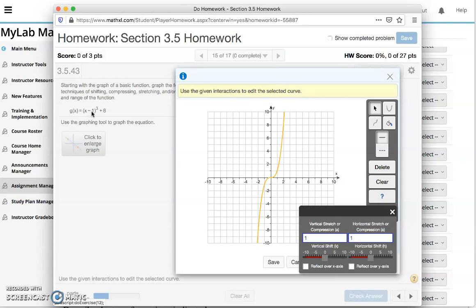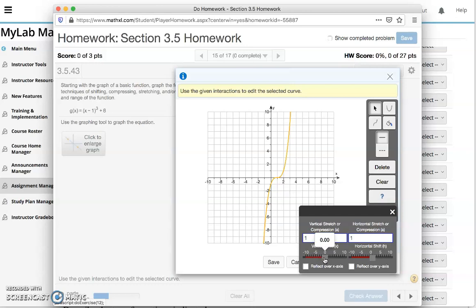The minus 1 we know is a horizontal shift. So I'm going to come down here in the middle in this little gray box that popped up. And horizontal shift, I know it goes right 1. So I'm going to move the slider here right till it says 1. And you see it shifted the graph.